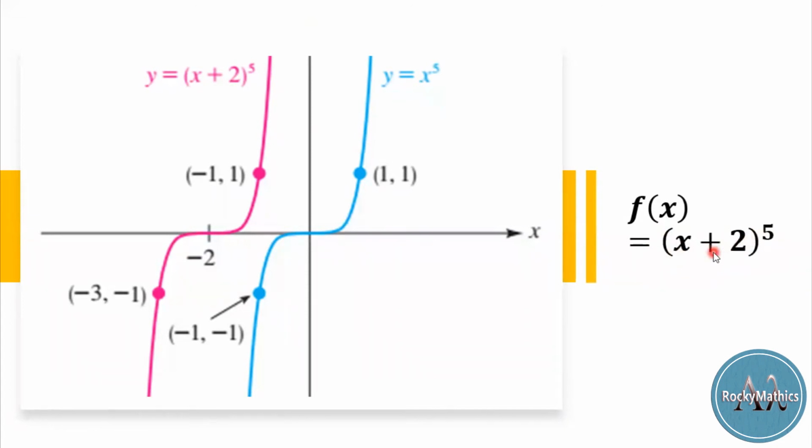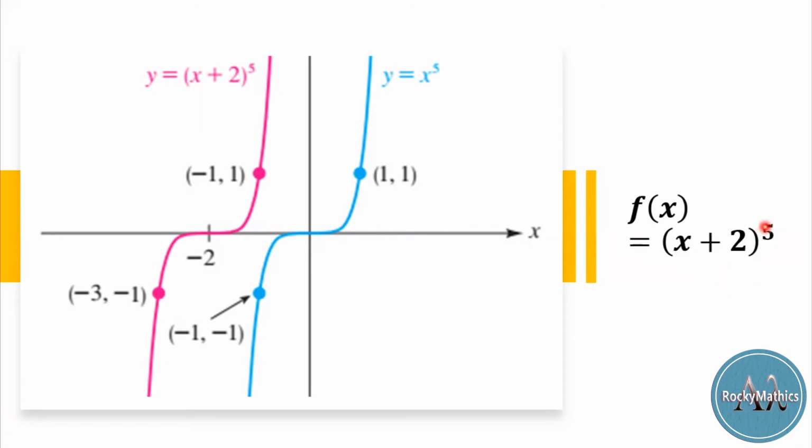Earlier, I said that it's very important to know the graph of the basic function. In this case, the basic function that can be used is x raised to 5, because this is a composition of functions wherein we can let this x plus 2 be big X. So we already have the form of x raised to 5.